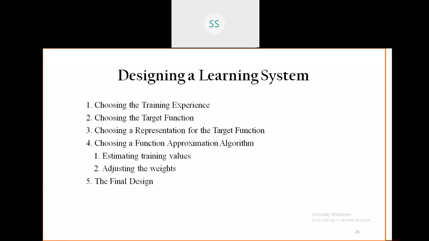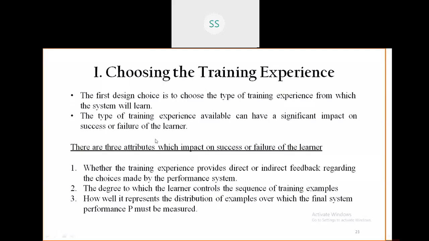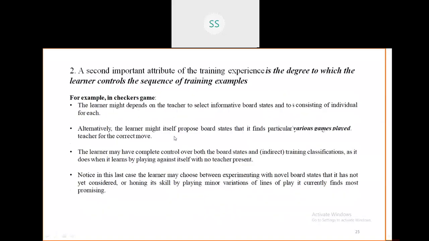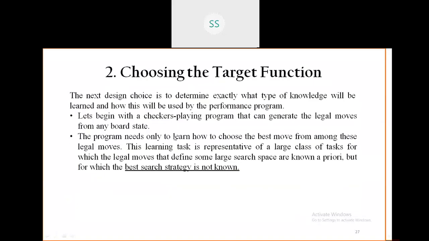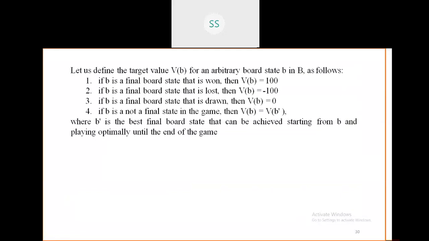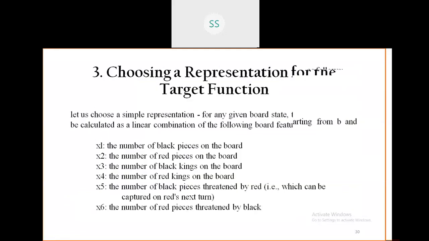Based on that, we will get a good approximation algorithm. And finally, once everything is over, you have to design the final system. This is all about the learning system design process.